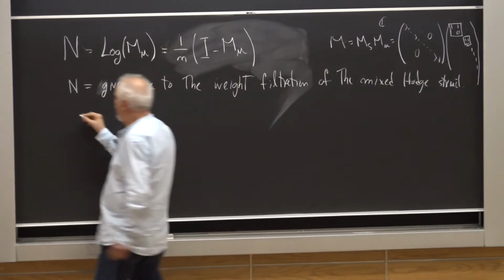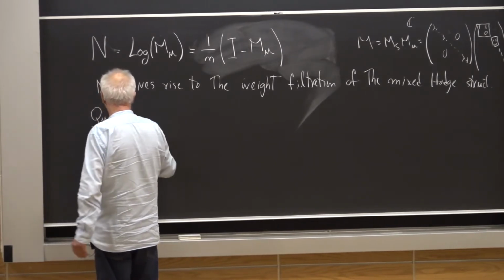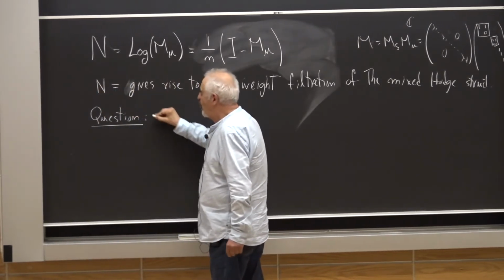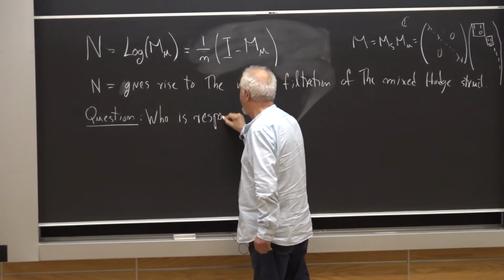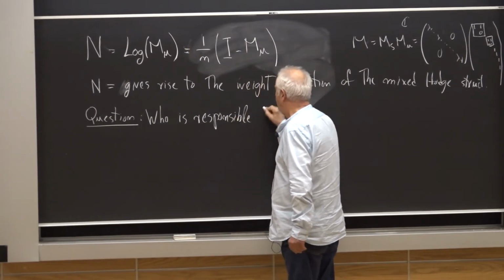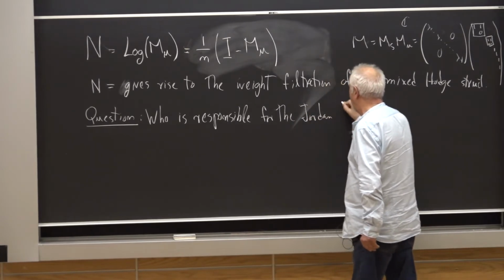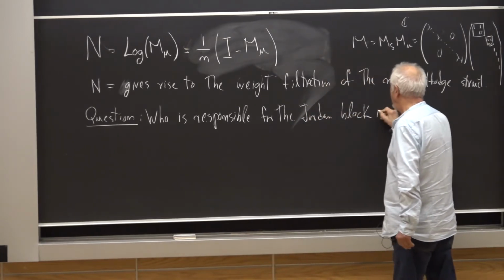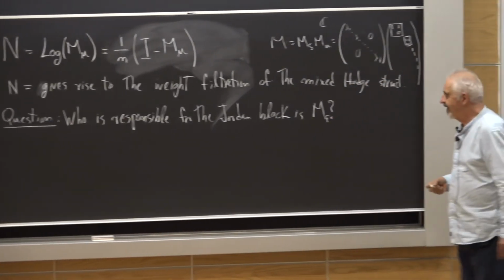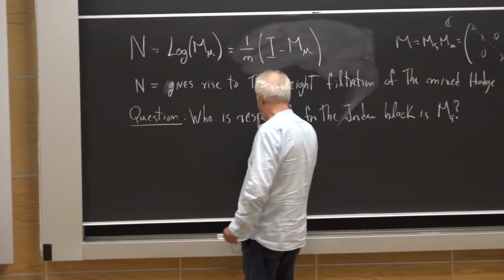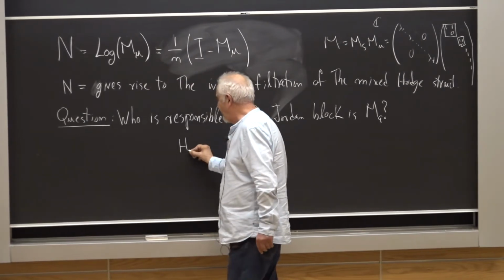So the question I wanted to understand was the following. Who is responsible for the Jordan blocks of the algebraic monodromy? I can view the N either in cohomology or in homology.